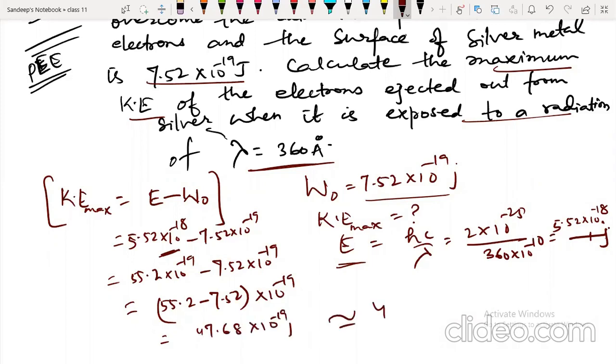You can write 4.768 into 10 to the power minus 18 joule. This is the answer. So this is the maximum kinetic energy of the electron which is ejected from the silver metal.